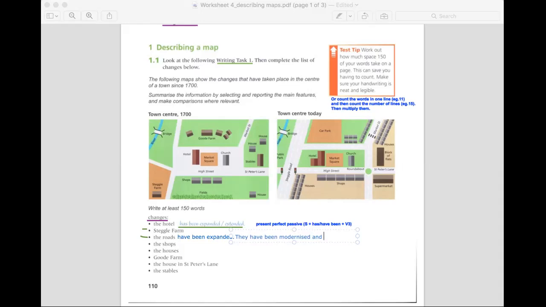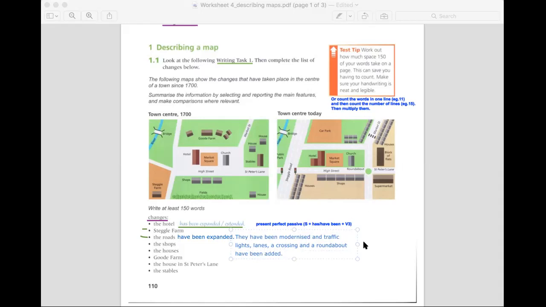Okay, so and traffic lights, lanes, crossing, and a roundabout have been added.